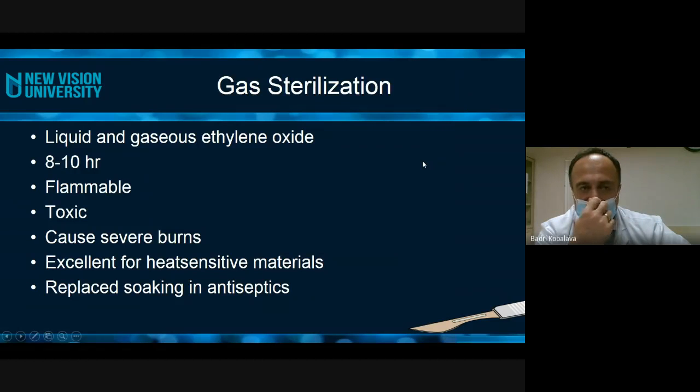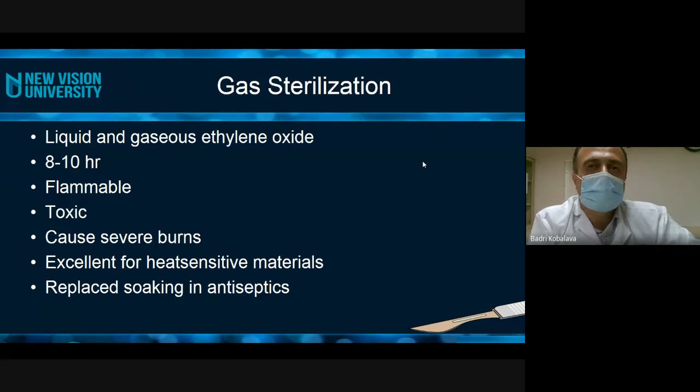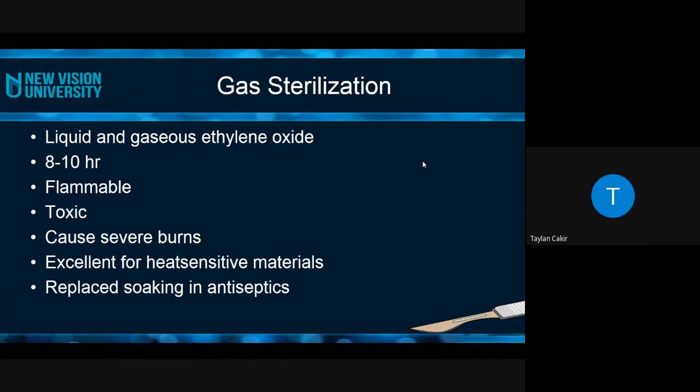And now gas sterilization. Ethylene oxide is the gas which is used for sterilization. In contrast with heat sterilization or autoclaving, it needs much more time, about 10 hours.